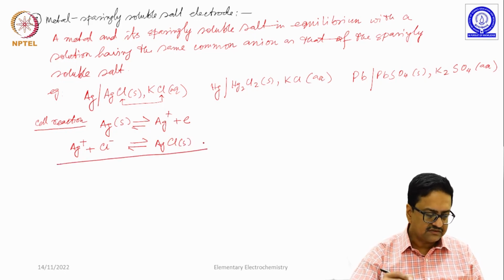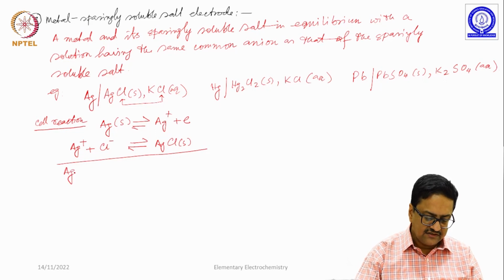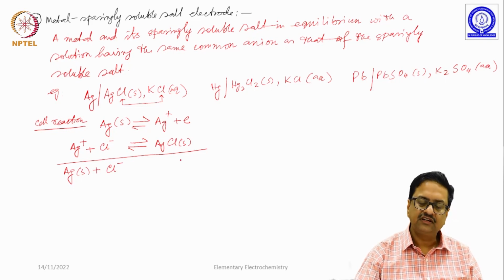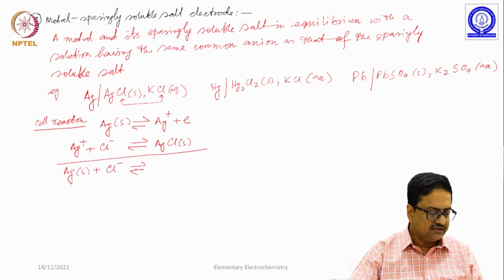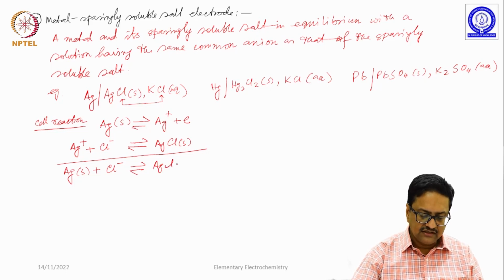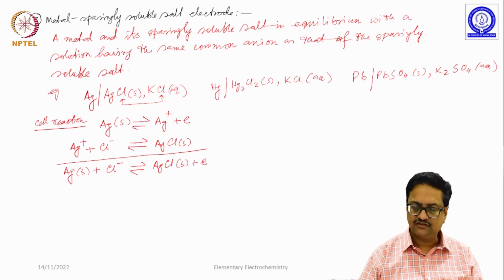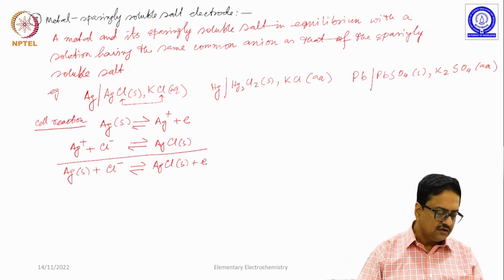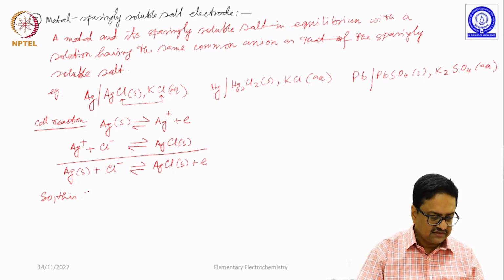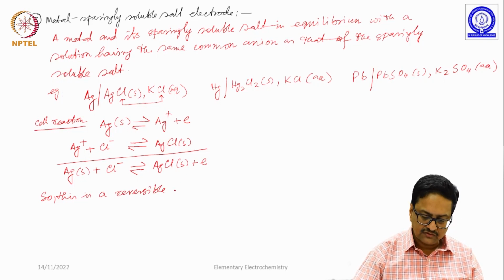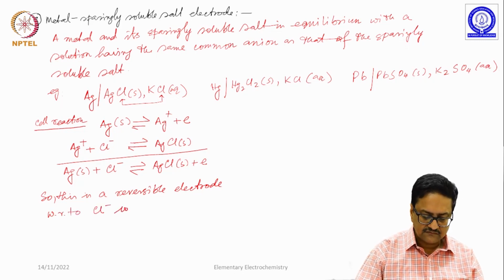So the overall half cell reaction is Ag solid, that is the metal, taking Cl minus from solution, which comes from KCl, is in equilibrium with AgCl solid plus electron, right? So this is a reversible electrode with respect to chloride ions.